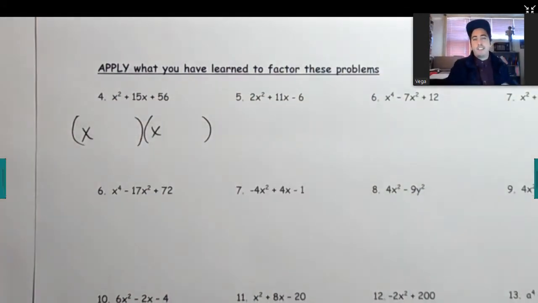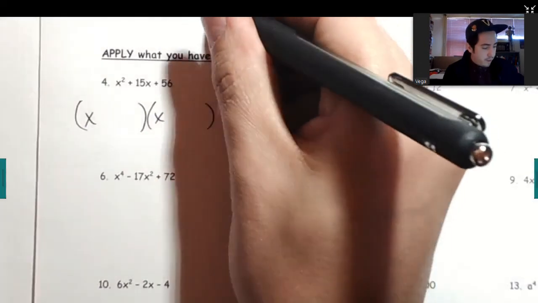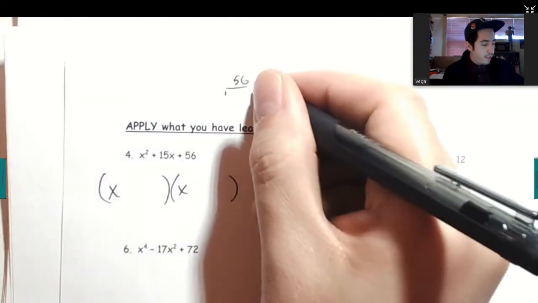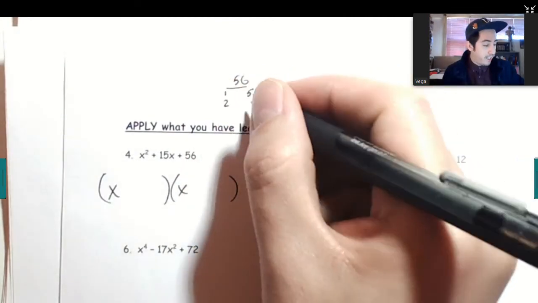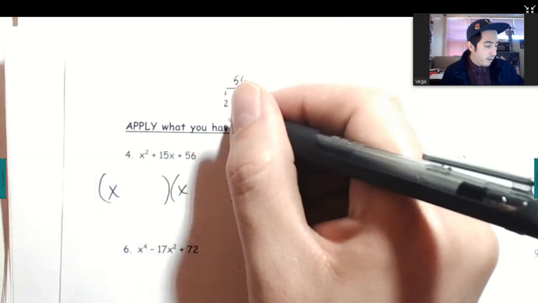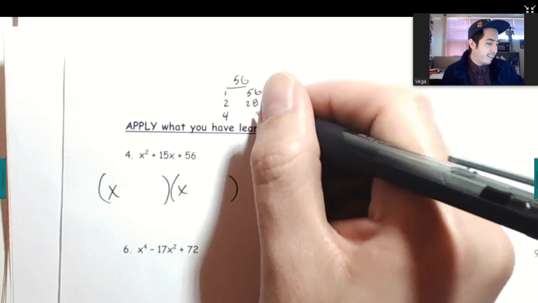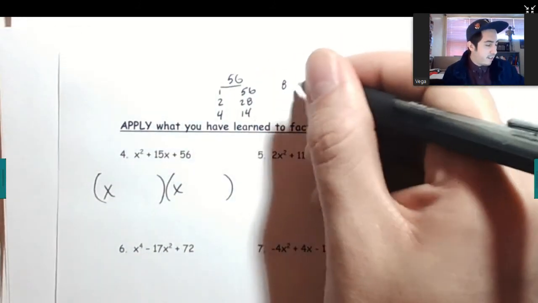How do I get 56? That's going to be 9 times 7. No, not 9 times 7, sorry. 8 times 7 is 56. Another way I usually do numbers like that: 56 divided by 2 is 28, so 2 and 28, 4 and 14, 8 and 7, and that's it.